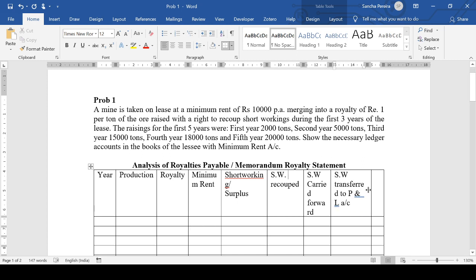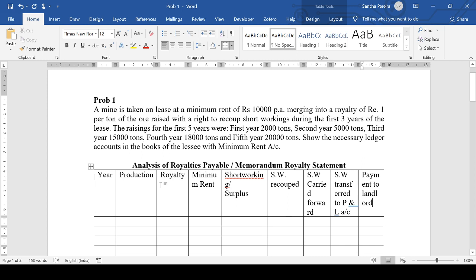And the last one is the final payment, we call it payment to landlord or lessor, either term you can use.